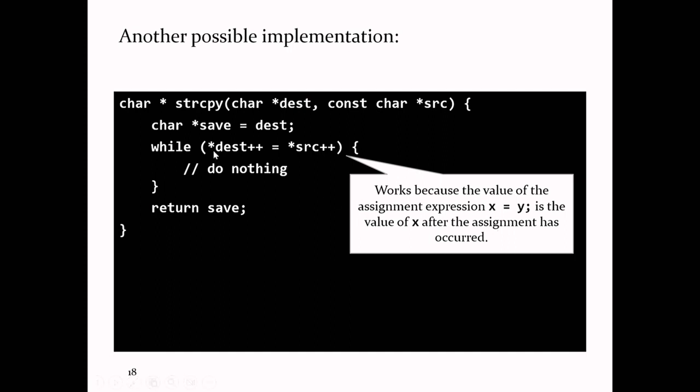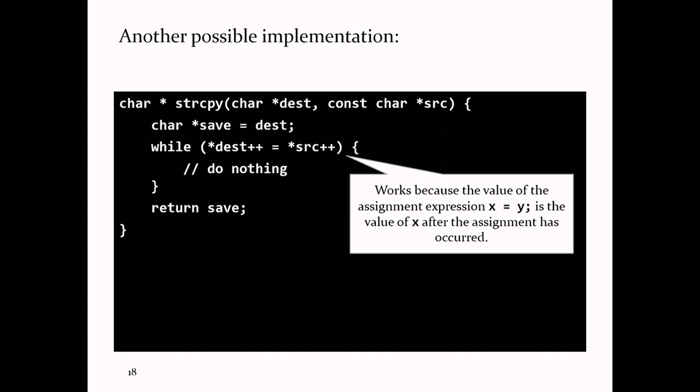So what does all of this evaluate to? If you just imagine this is x equals y, then the value of the assignment is just equal to A in this case, and then advance the pointers. So is A 0? Remember, 0 in C is false, and anything that's not 0 is true.